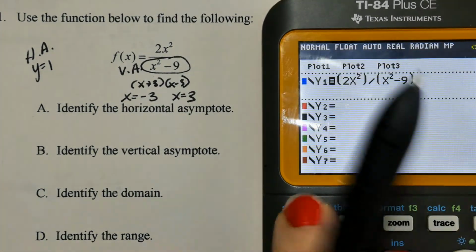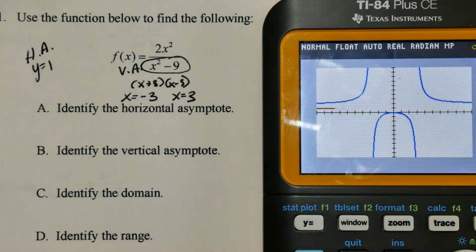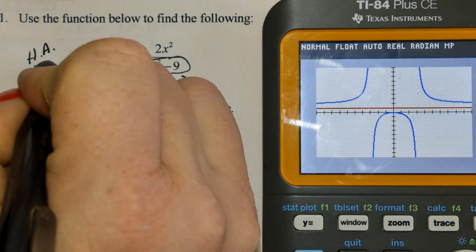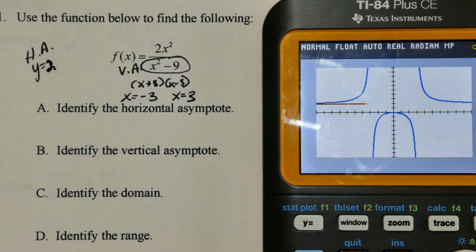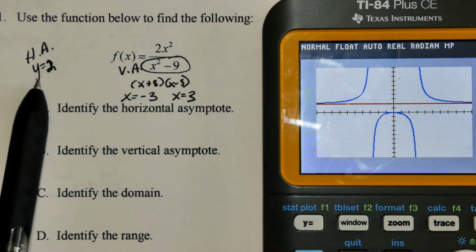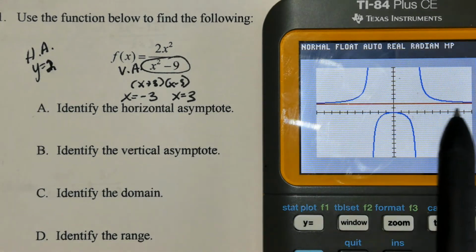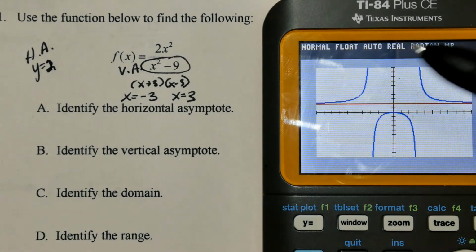And you can see here, I'll even give you a visual. If we graph the line y = 2 and go to the far right, the graph gets closer and closer to it as it goes to the far right and to the far left.